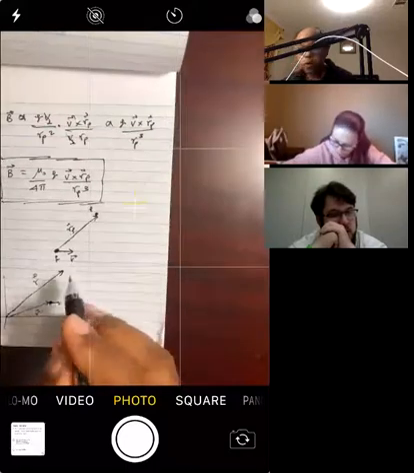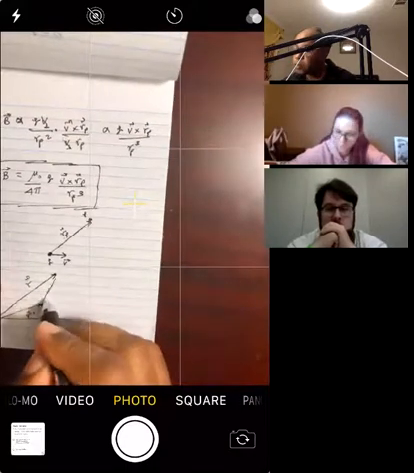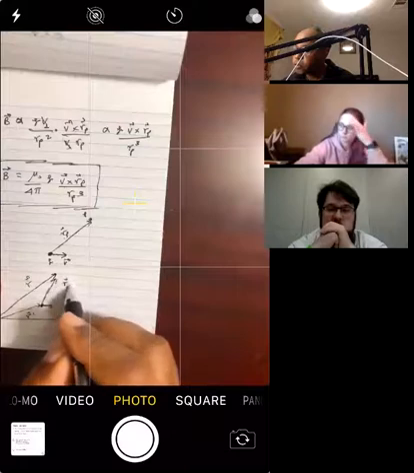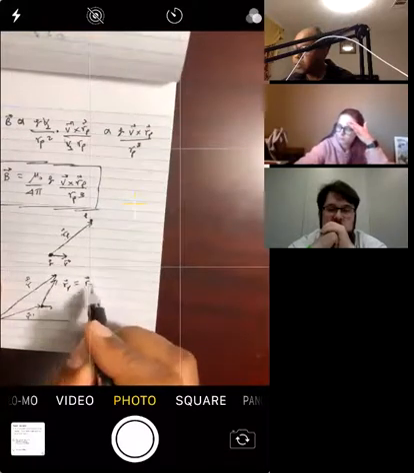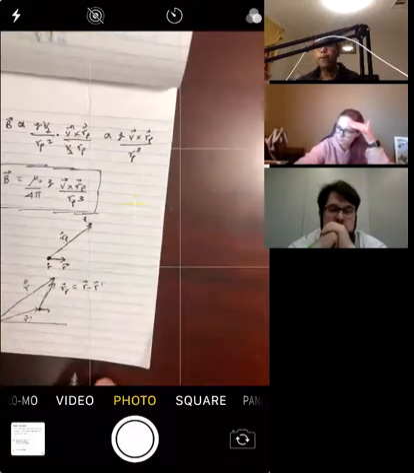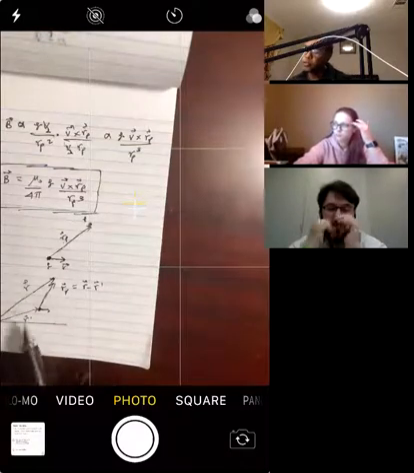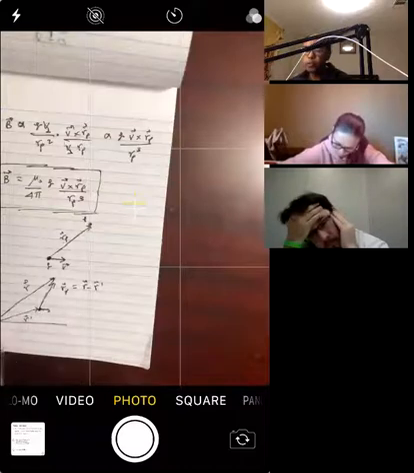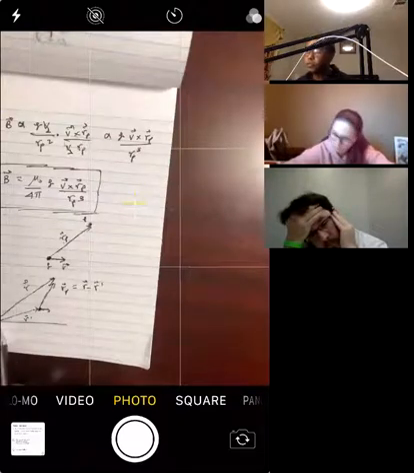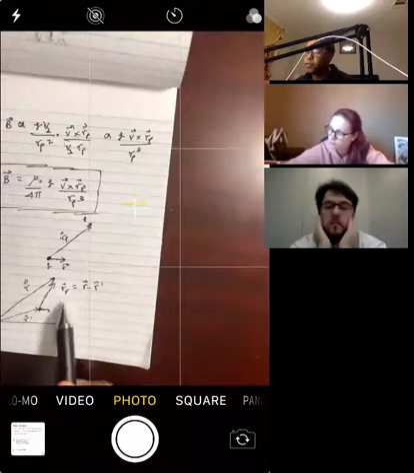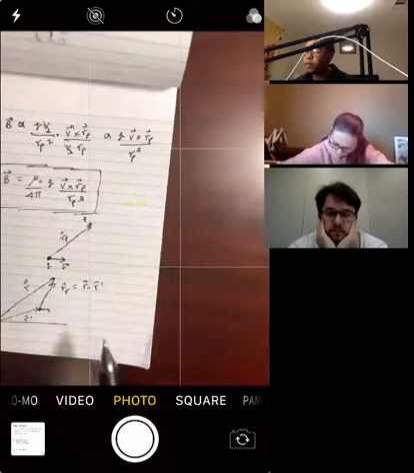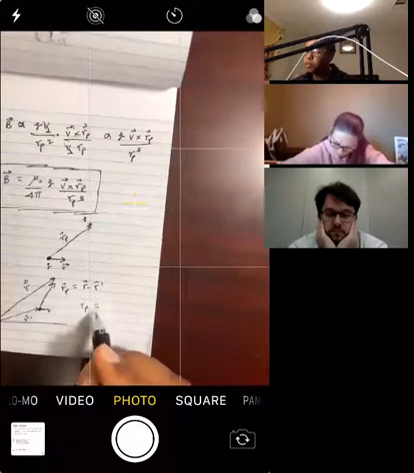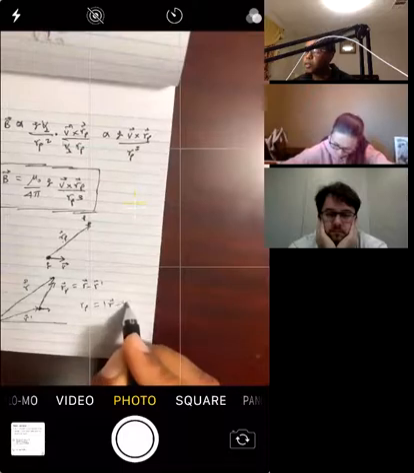This vector, RP, is R minus R prime. So if the position vector of the point is R, and the position vector of the charge with respect to an arbitrary coordinate system is R prime, then this vector is R minus R prime, and RP is the magnitude of R minus R prime.